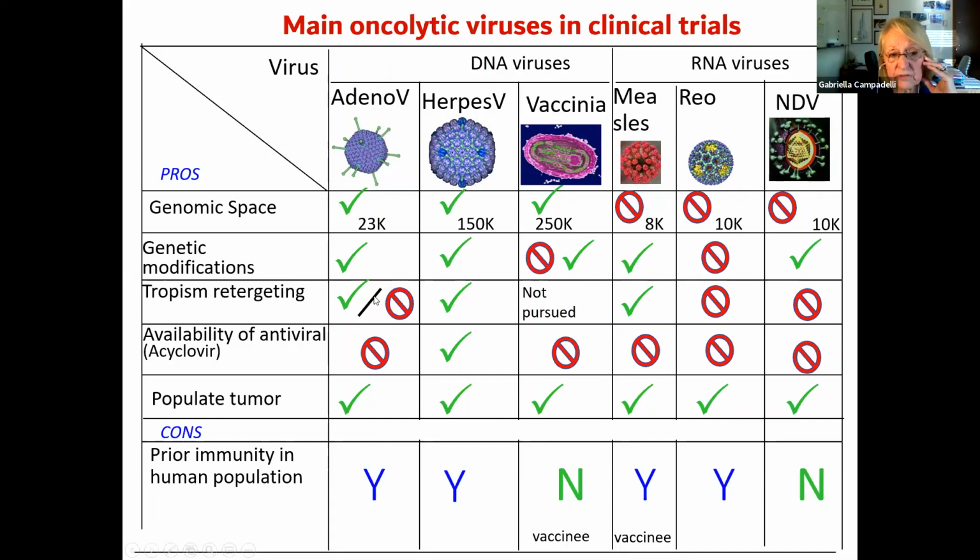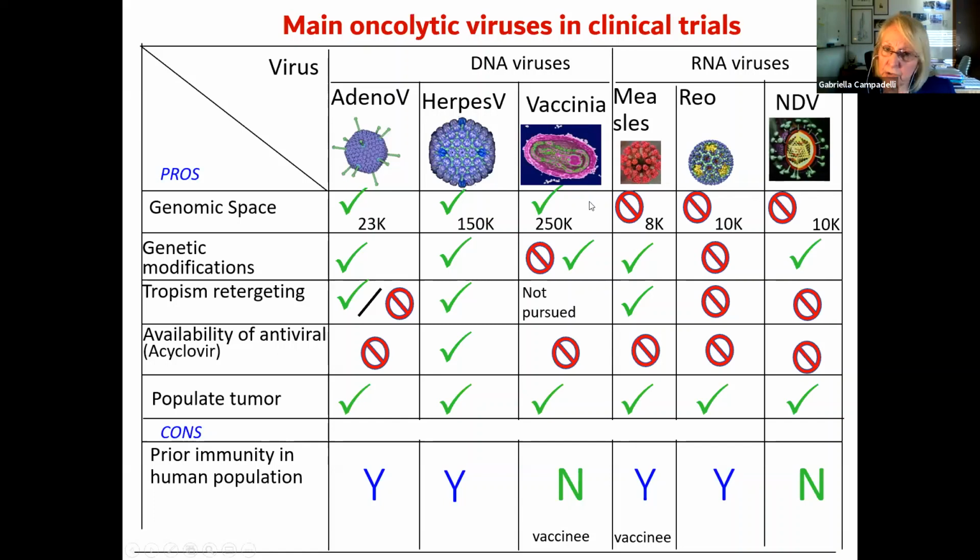Tropism retargeting is very difficult because the capsid is very much constrained. There is no antiviral drug, and there are antibodies in the human population. This is also why, for example, in the COVID vaccine, they are using adenoviruses derived from animals, monkeys, for example.